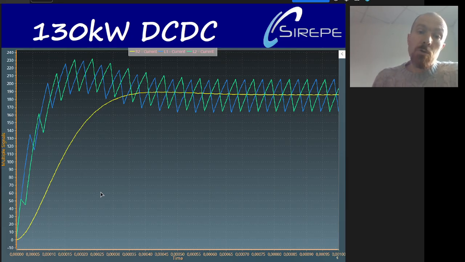I've measured the negative current as positive to be able to put it in the view of SIMBA and compare it easily with the positive one. We can see that the high frequency ripple is on the opposite side of the positive one, and the average value of each is equal to the battery current in yellow.